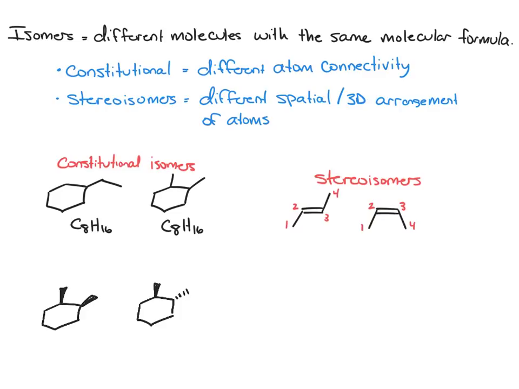The connectivity is the same. They're both 1,2-dimethyl cyclohexane, but they are in fact different molecules because of their 3D structure. Essentially, this carbon here, the group, has been inverted. Since the 3D is different, these are stereoisomers.